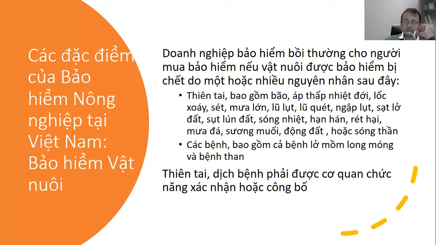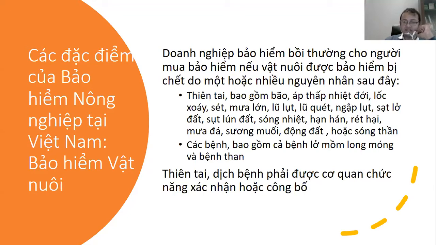In terms of natural disasters, the disasters covered include storms, tropical depressions, cyclones, lightning, heavy rains, floods, flash floods, other inundation, landslides caused by floods or by currents, land subsidence due to floods or currents, heat waves, droughts, also cold, hail, hoarfrost, earthquake, or tsunami. So you can see a whole range of natural disasters are being covered here. If the animal dies because of any of these natural disasters, then that is insured.